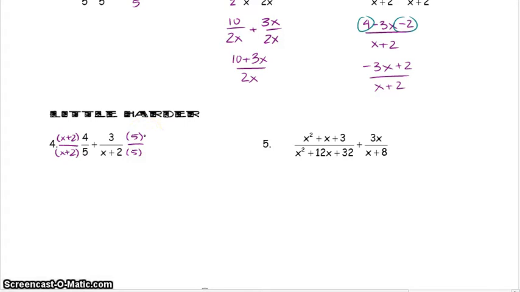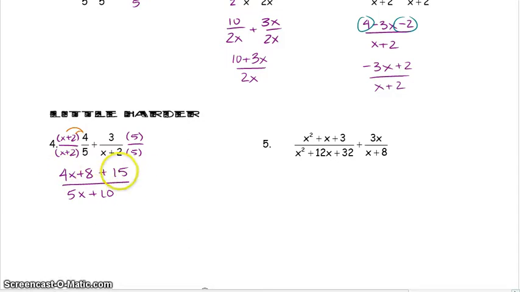We're going to have to distribute our 4 here, and then multiply our 3 and our 5. That would give us 4x plus 8, and then plus 15, all over, if we multiply this out, 5x plus 10.